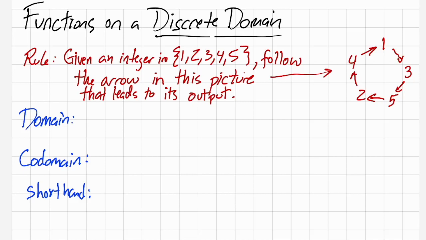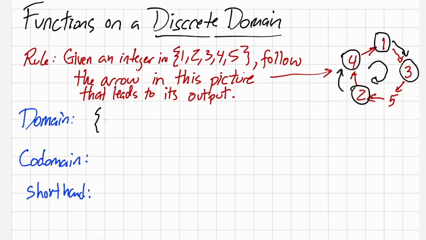Here's a rule. Given an integer in 1, 2, 3, 4, 5, follow the arrow in this picture that leads to its output. So if you have 1 as the input, the output would be 3. If you have 2 as an input, the output would be 4.